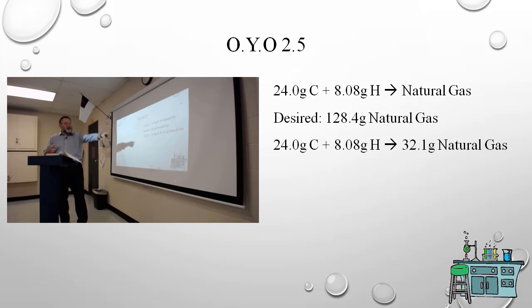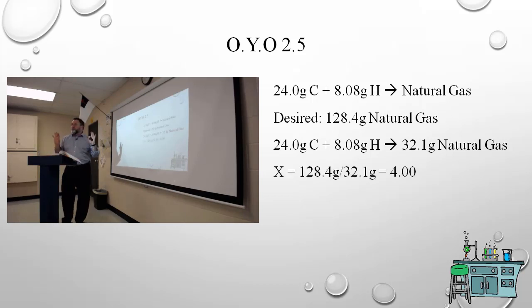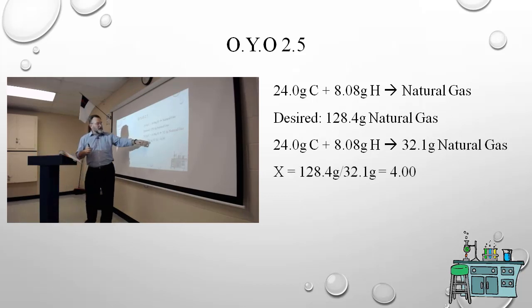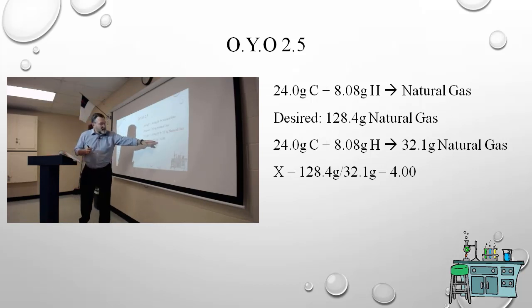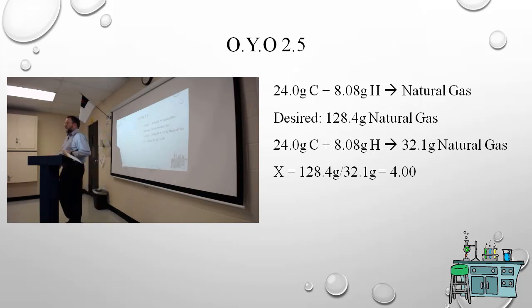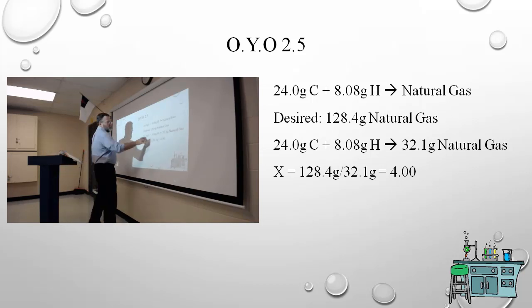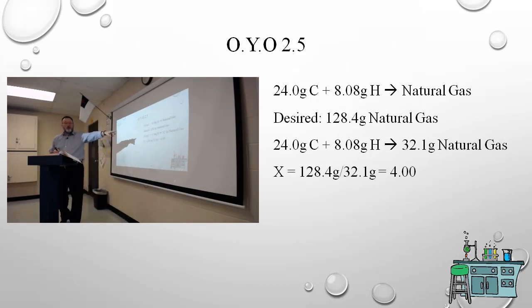But you weren't asked to make 32.1 grams of natural gas. You were asked to make 128.4 grams of natural gas. So my X factor, my multiplier, 128.4 grams, that's what I need to make, divided by, I have a recipe that perfectly makes 32.1. So I need 4.00, because each one of those, it's 4 sig figs divided by 3 sig figs means I need 3 sig figs, right? 4 times.